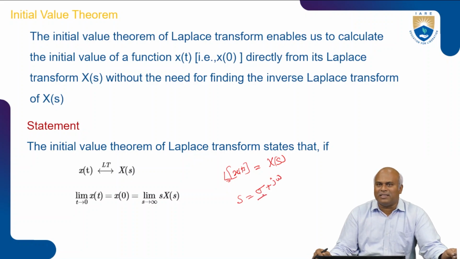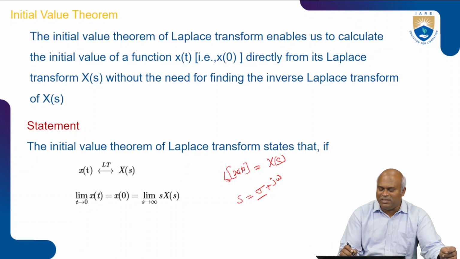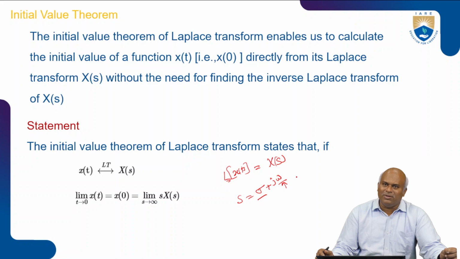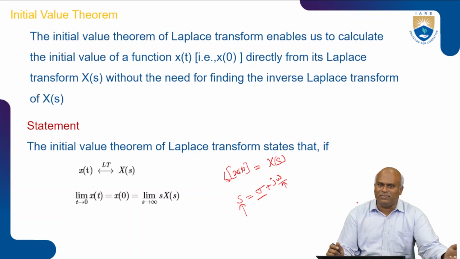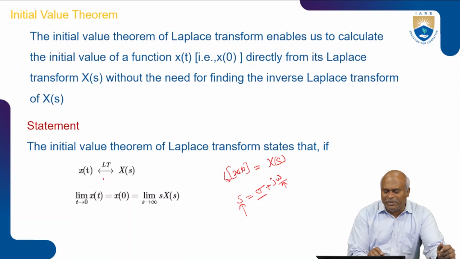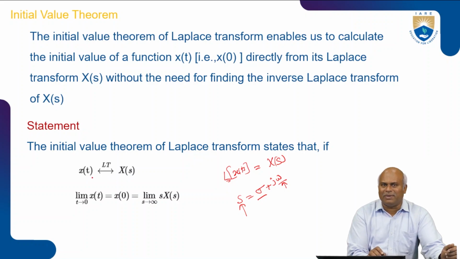Sigma is the real value, and j omega is the imaginary value of our s domain. So s is a complex value, because it has a real part as well as an imaginary part. Here the Laplace transform of x of t is x of s, and if you take the inverse Laplace transform, we get x of t.